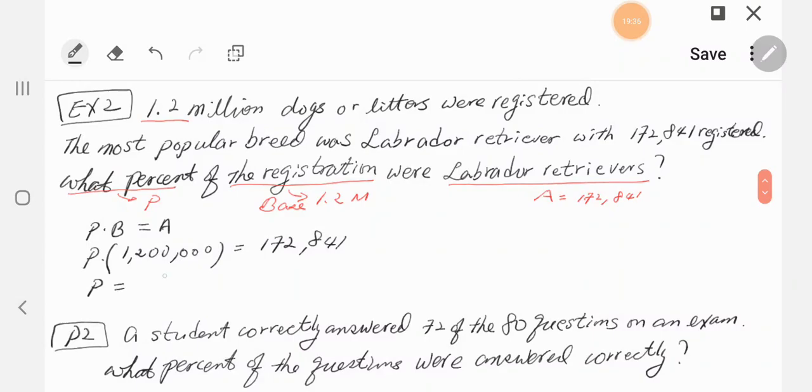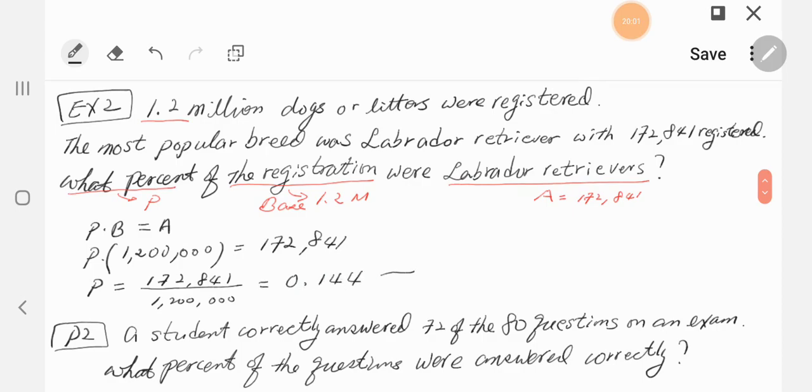Then P is equal to, divide each side by what? 1.2 million, right? So we get this. Then P, this is a fraction, and we use the calculator. Then it will give us the value, approximately equal to 0.144.